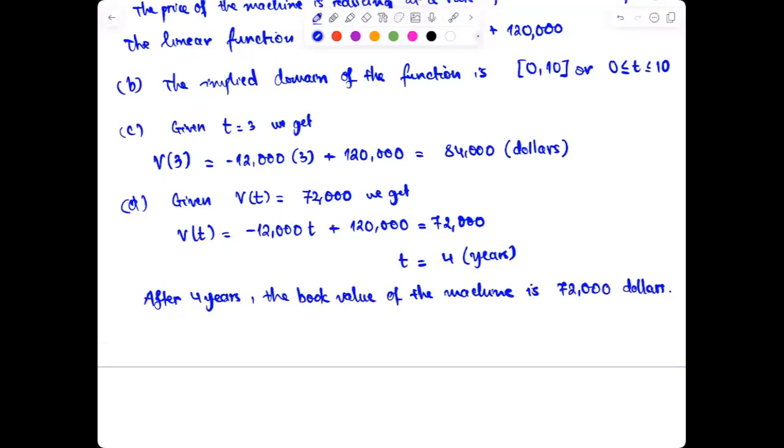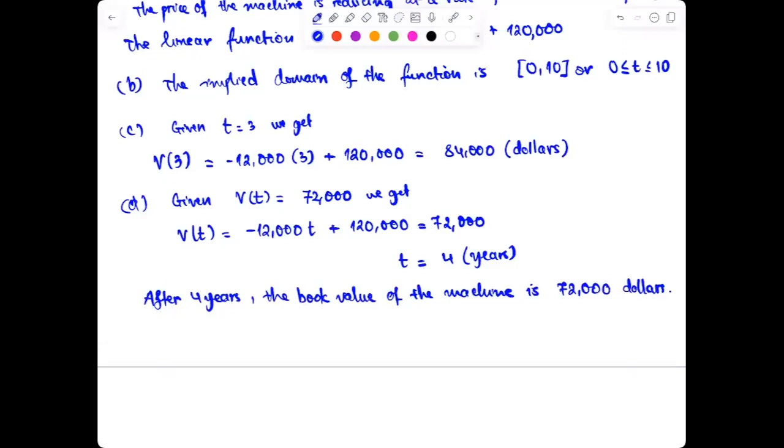So there are many other applications that use linear functions to fit data sets, but we're not going to have time to cover a lot of applications. But if you happen to take an accounting course, a business course, or an economics course, linear functions will probably pop up every now and then.